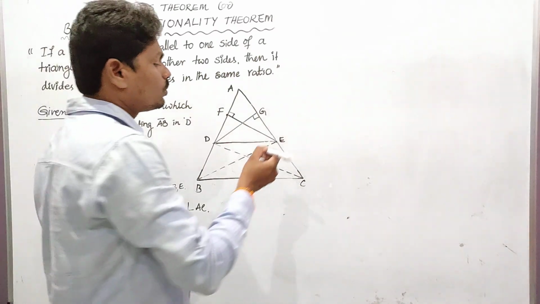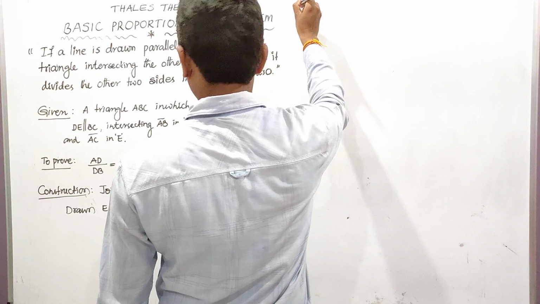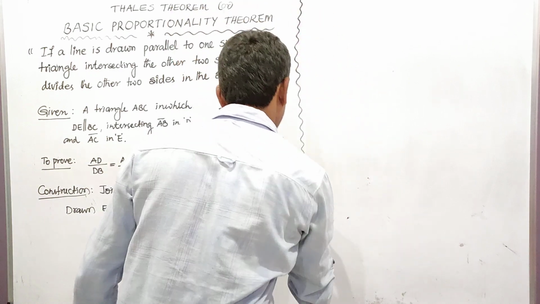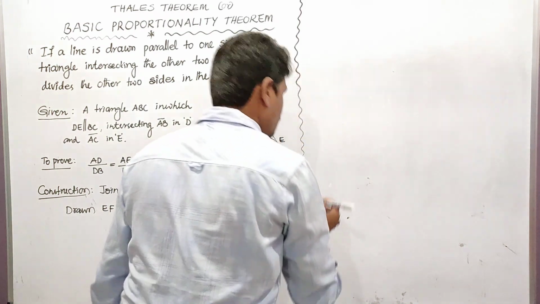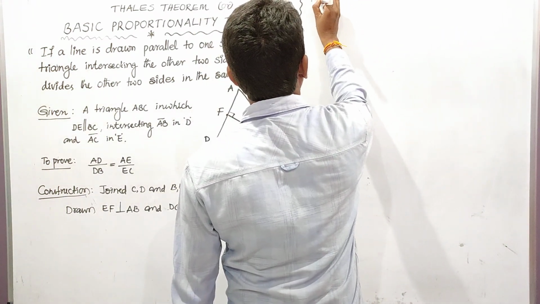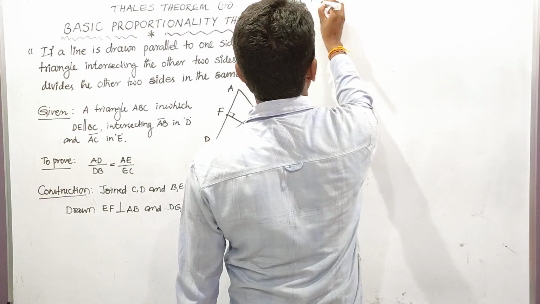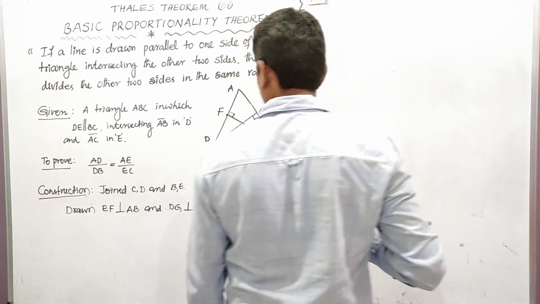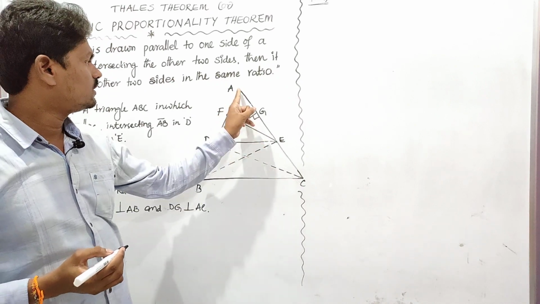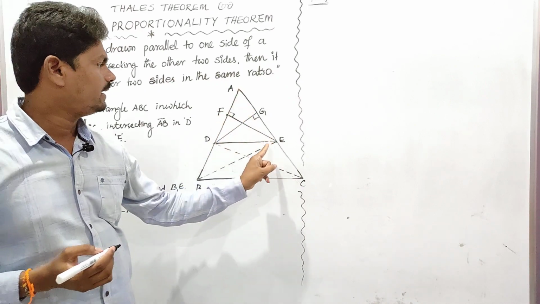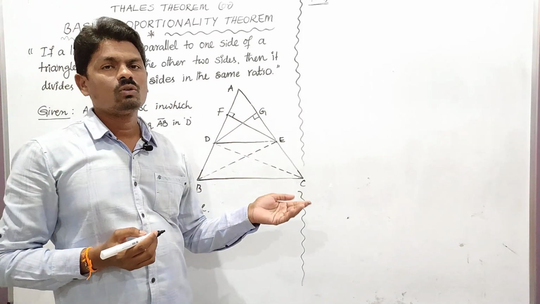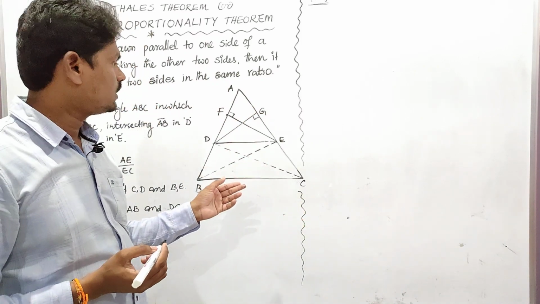Now we have to prove the theorem, the actual proof. So now I want to find the area of triangle ADE, student. Area of triangle ADE is equal to half into base into height. This is the general principle.